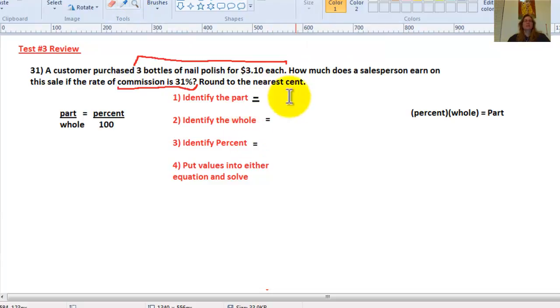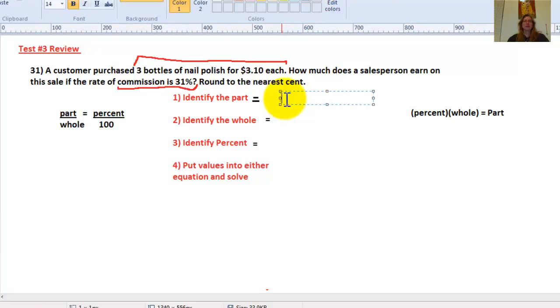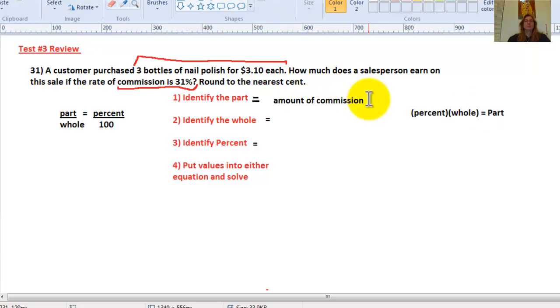Identify the part. The part of this problem, and for all commission problems, is not the total sales, not the commission rate, but the actual amount of commission. It is not given.